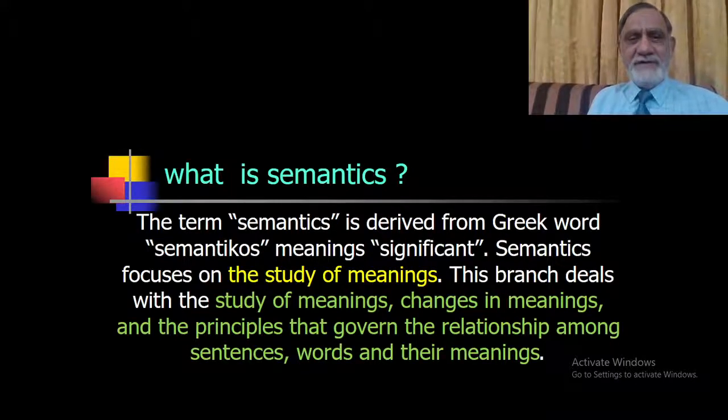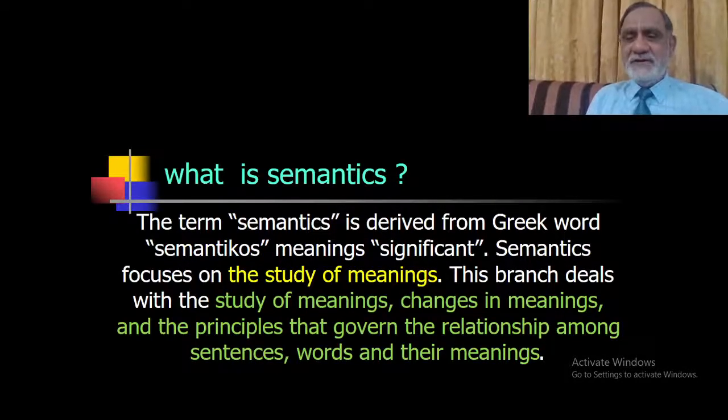First, what is semantics? The term semantics is derived from the Greek word semantikos, meaning significant. So semantics focuses on the study of meanings. We have discussed words, we have discussed syntax, we have discussed phonetics, but now we are going to this stage: what is the importance of meanings and how the meanings are formed.